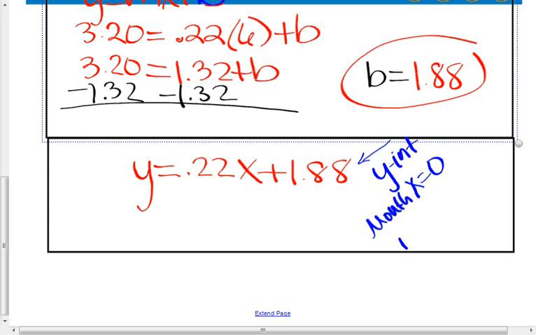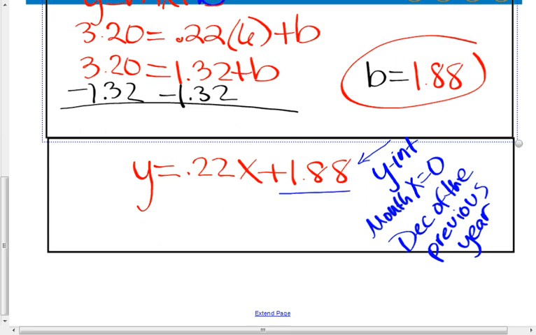It's December of the previous year. Right? If January is the first month, then it's the December right before that. And in December, gas was costing $1.88. And every single month, it goes up 22 cents. Okay?